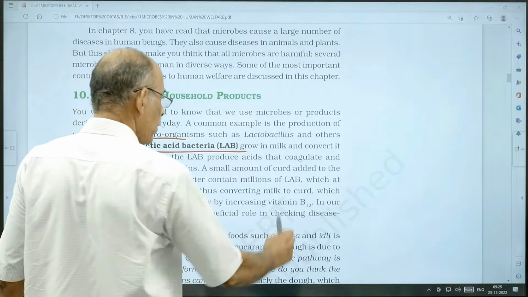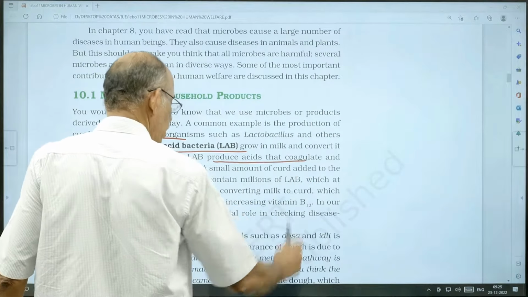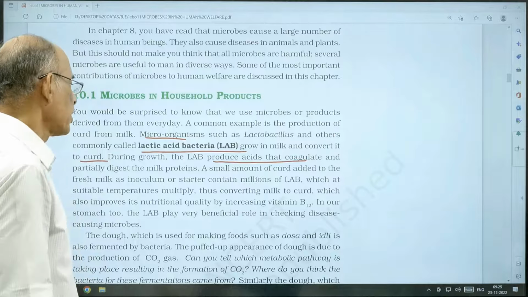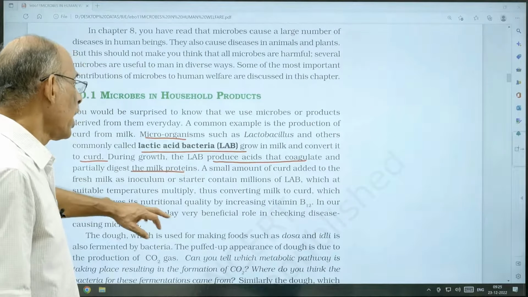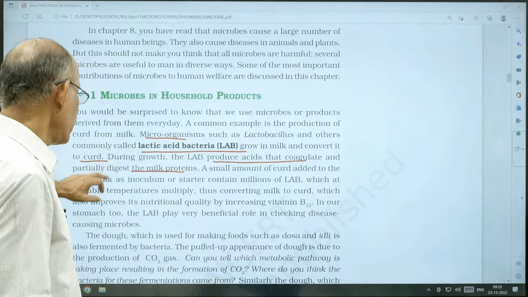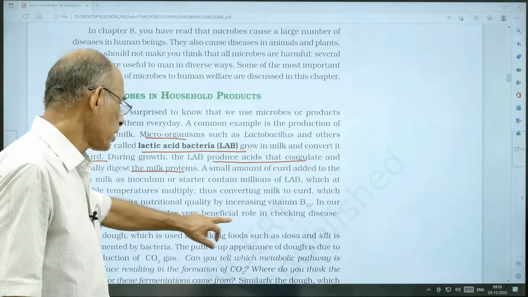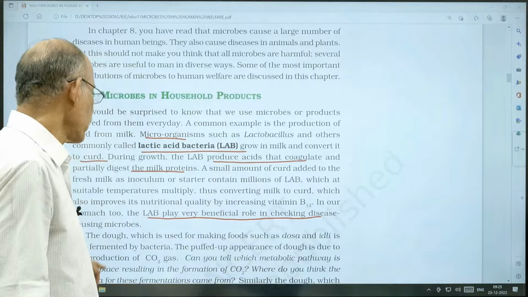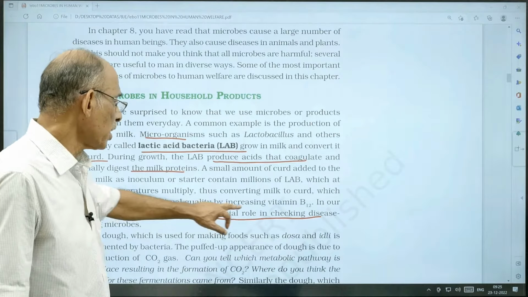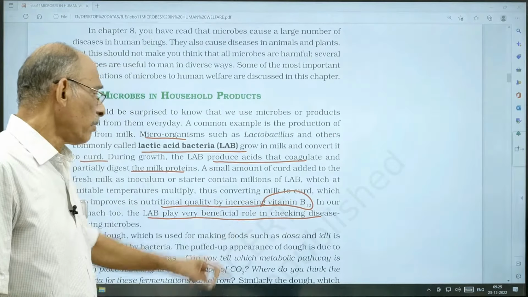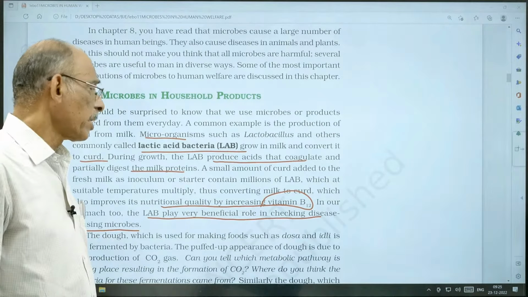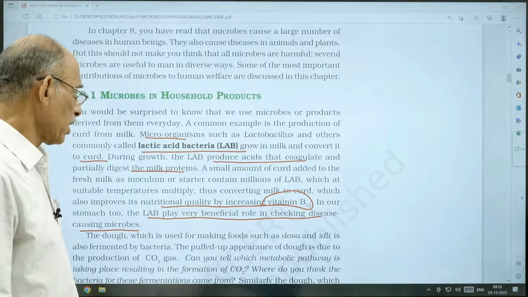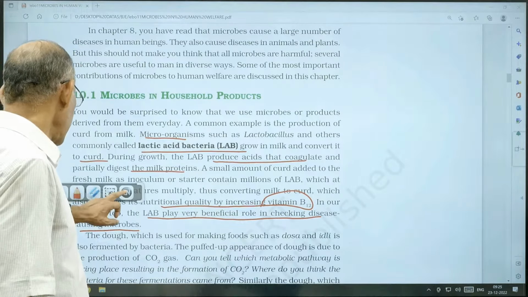They coagulate the milk protein, and the milk protein is converted into curd. When this happens, it increases the quantity of vitamin B12, and this can be used to check bacterial diseases since it causes an acidic environment.